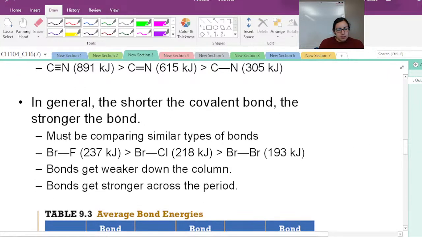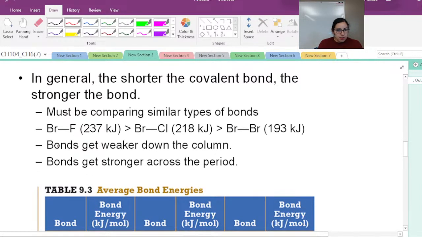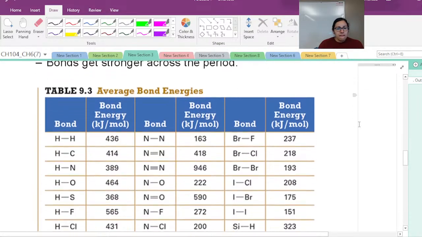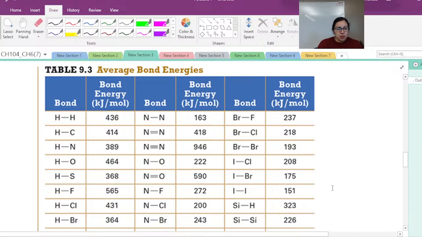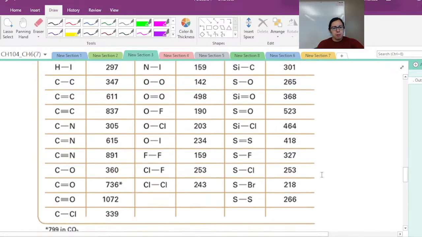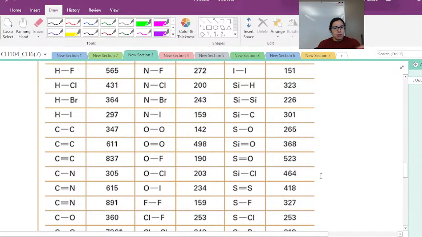And then same thing, if you have a shorter covalent bond, then it tends to be stronger. A lot of this is just a sterics argument, but our bromine-fluorine bond we can see is a little bit stronger than our bromine-bromine bond. But again, you'd need a chart to actually do these problems, so your book should probably have a chart.